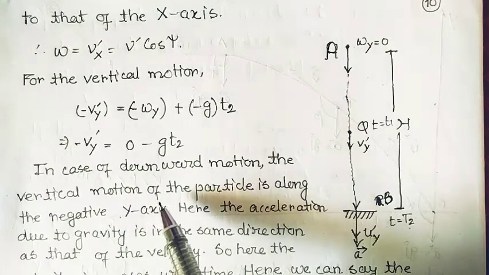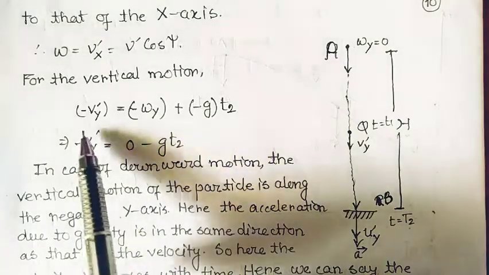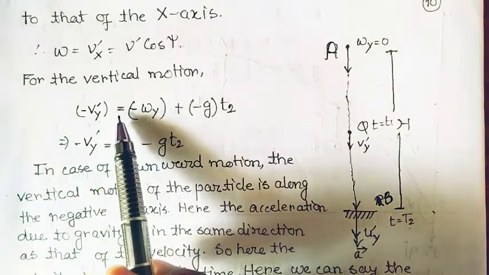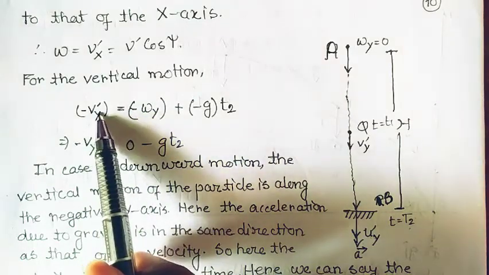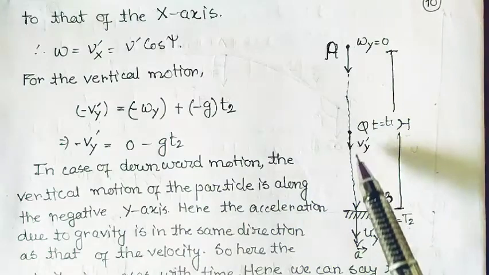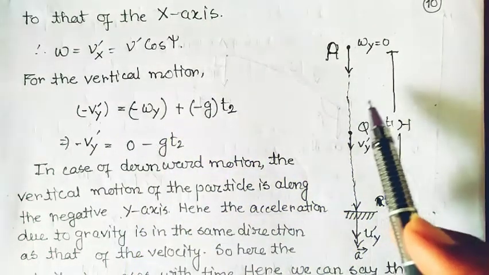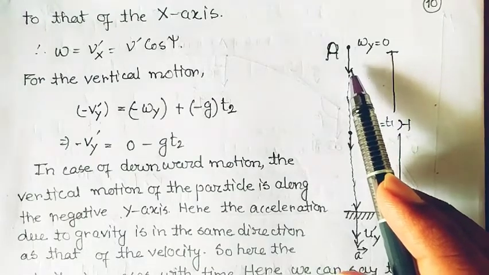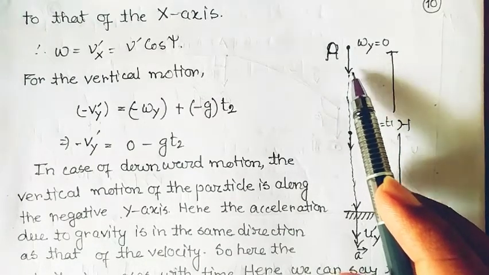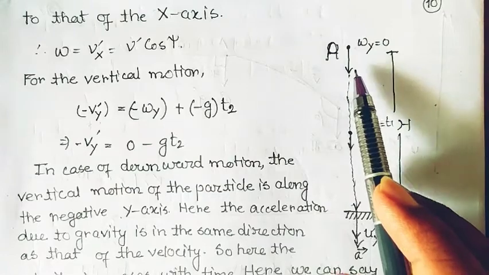So if I write down the equation of motion, then it will be v prime y equal to minus v prime y, since the particle's y component is along the negative y direction, and minus of Wy, since the y component of velocity is along the negative direction.